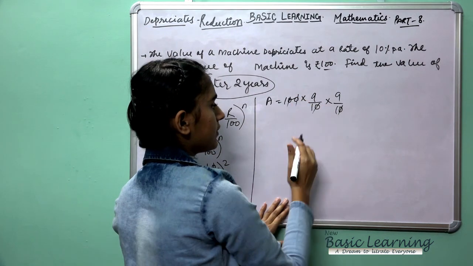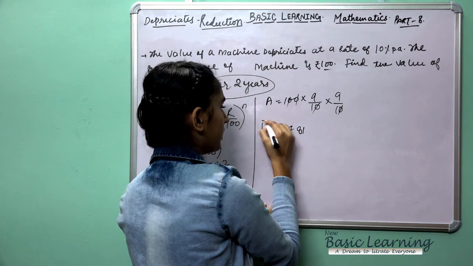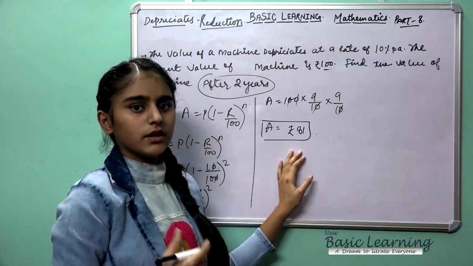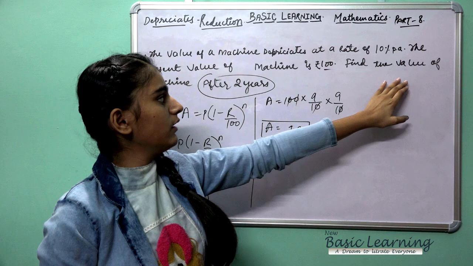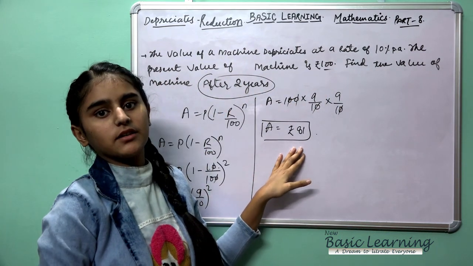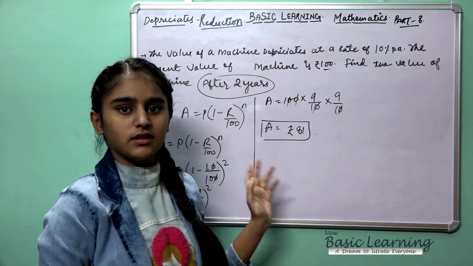So 9 into 9 gives 81 rupees. This is your amount, the present value. The value of the machine after 2 years will be rupees 81. Hope the first part of the question is clear to you.